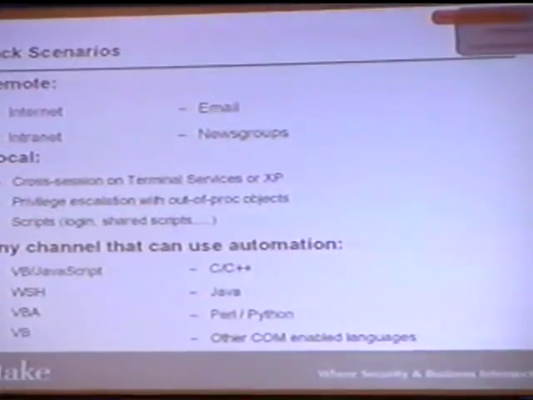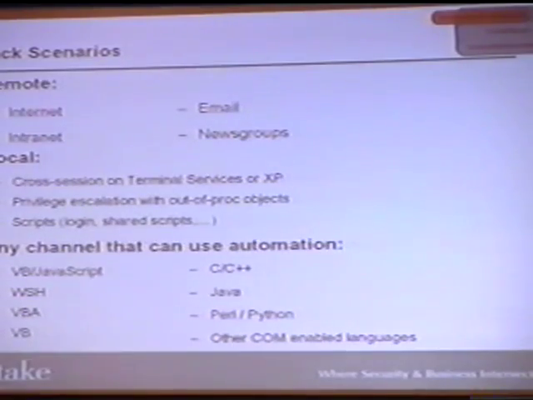Last night I demoed Combust, and the first reaction I got was, yeah, but this is a local attack. To which I say, not true. Combust only finds vulnerabilities locally, but those apply to remote attacks too. HTML has scripting abilities, so remotely you can go through the internet, intranet, email. Outlook has tons of scriptable support.